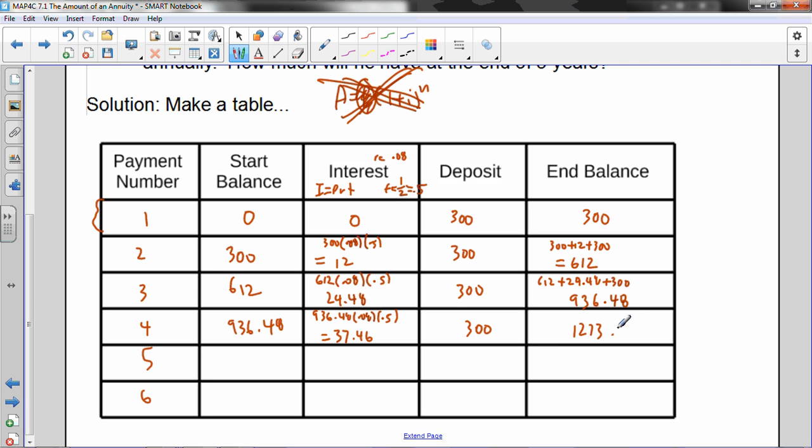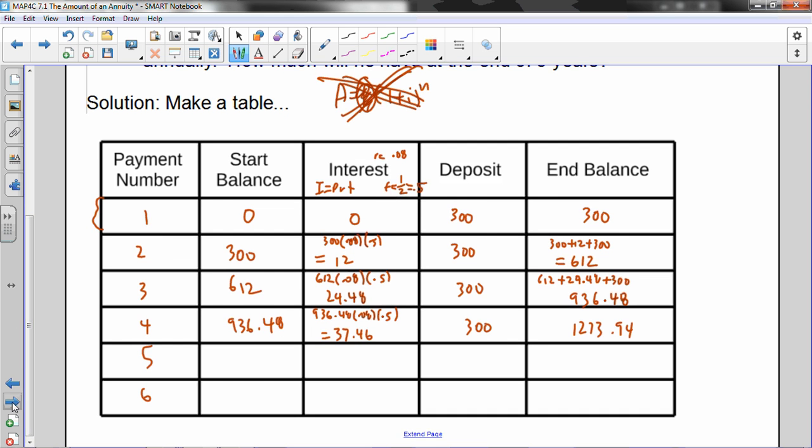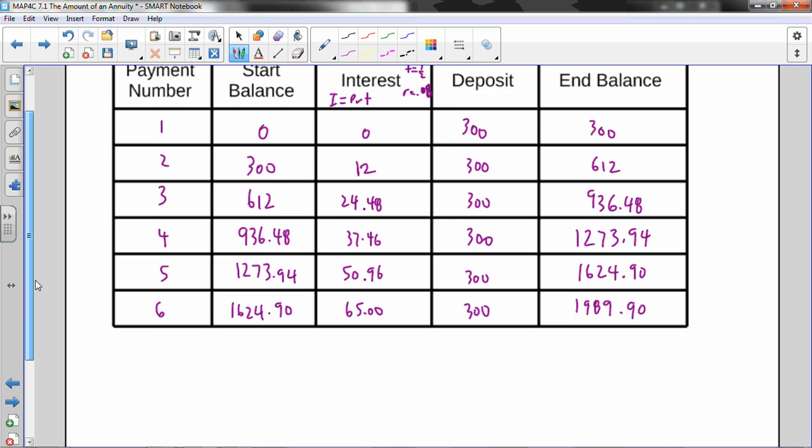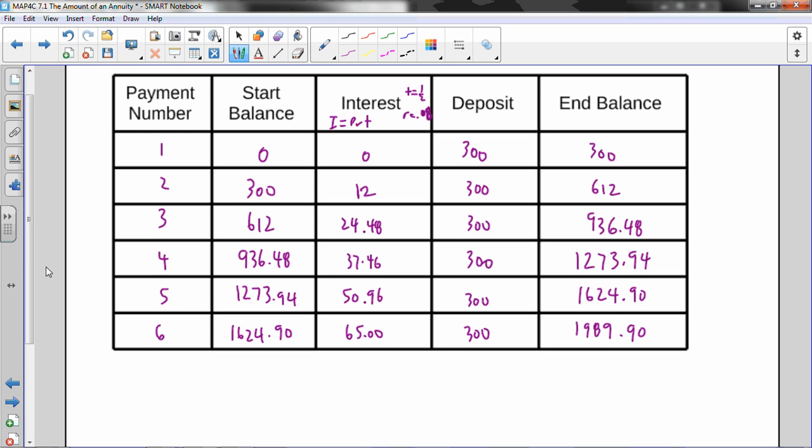In fact, instead of watching me write all these numbers out, I've actually got the answer here on the next page. Okay, so you see there's the complete table, and you can pause the video and copy that out. You should be following along with these calculations. Make sure you can do it.